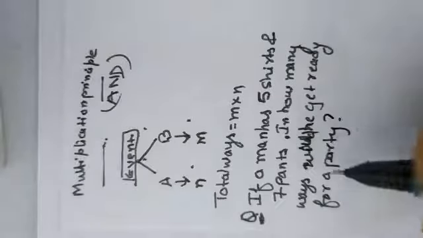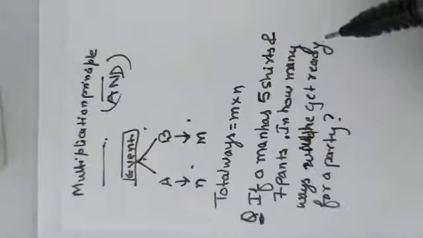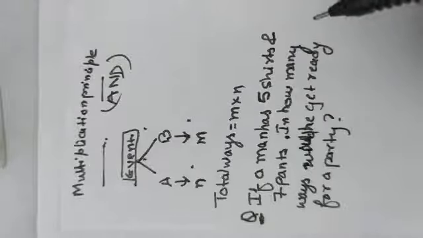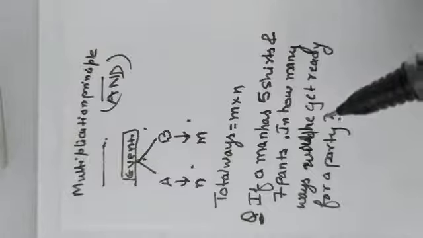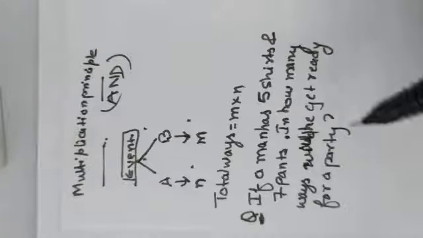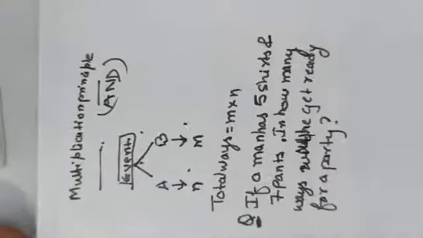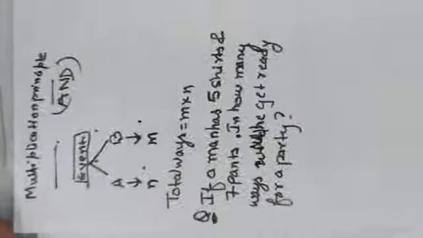Sorry, you can write "would he get ready for a party". Take care of the language. If a man has 5 shirts and 7 pants, in how many ways would he get ready for a party? So I have to make a person ready for the party.